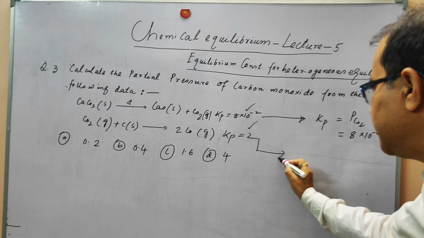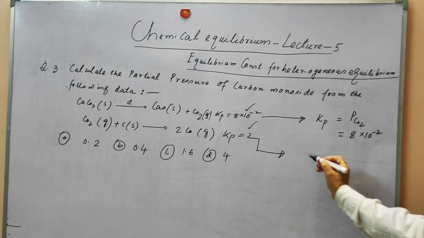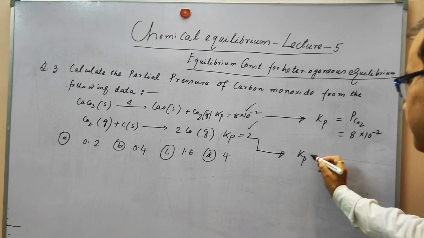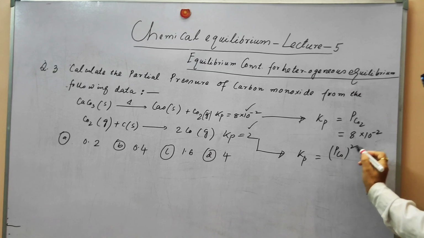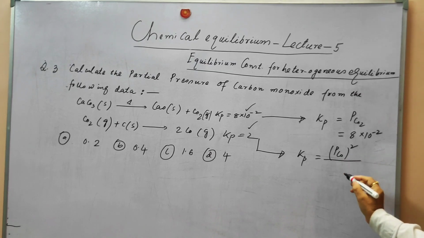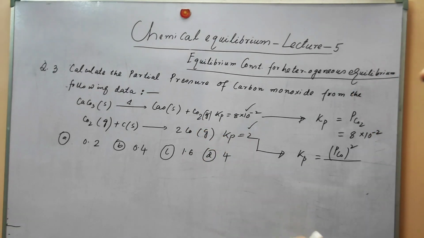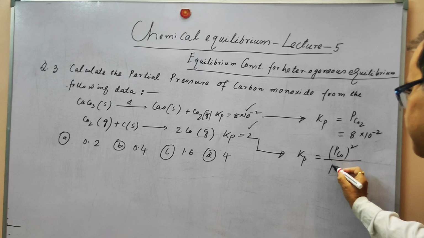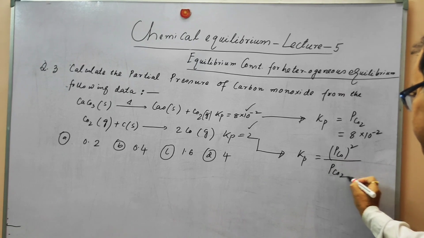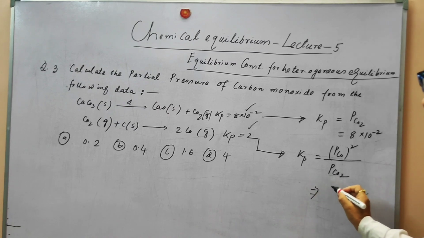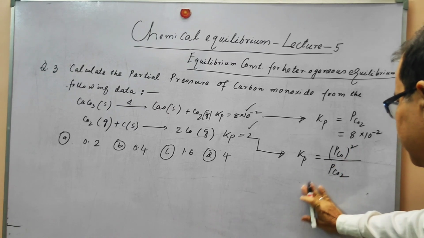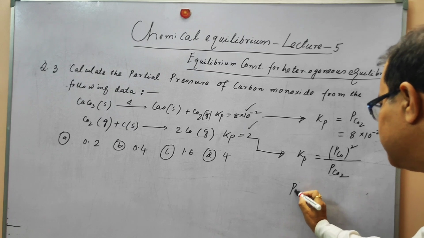Now from this reaction you will again understand that Kp is equal to the partial pressure of carbon monoxide, the whole square, divided by the carbon, which is a pure solid, so we will not take it into account, and the partial pressure of carbon dioxide is given. So now we are going to put this value. We have to calculate this partial pressure of carbon monoxide.